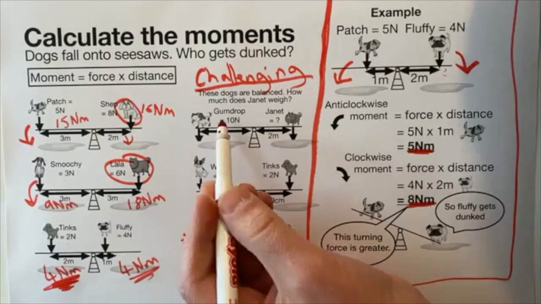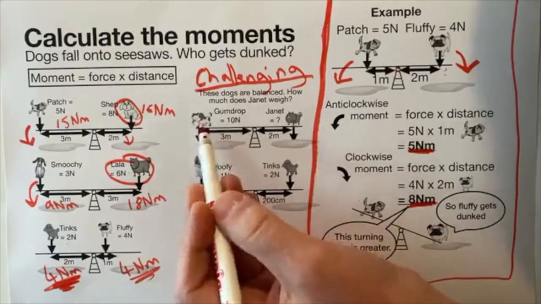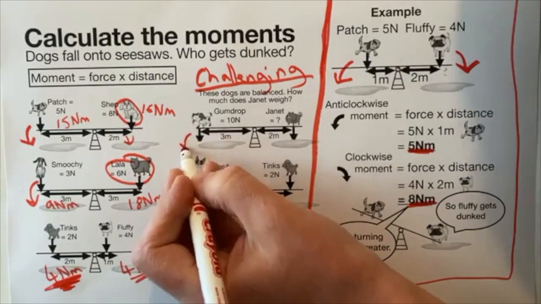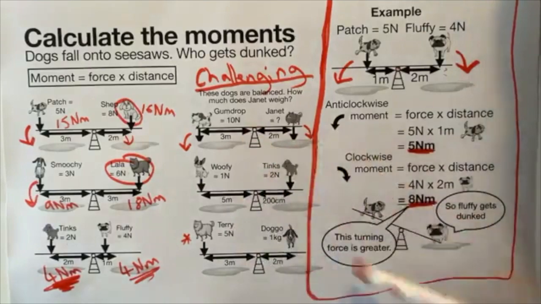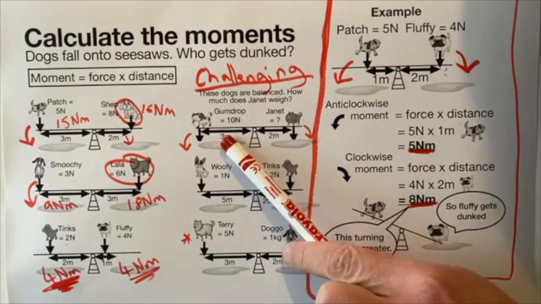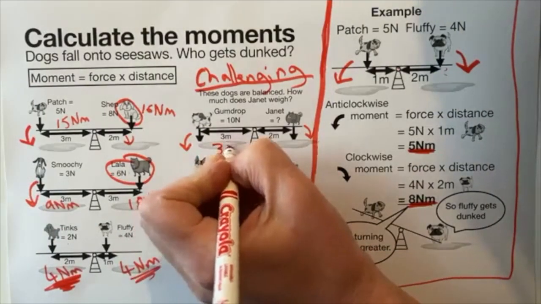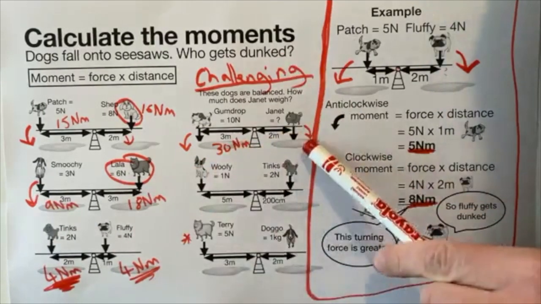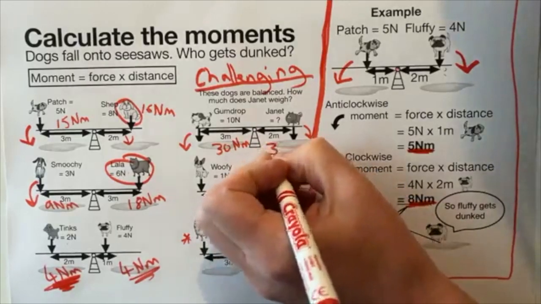Right, this seesaw is balanced, which means that the anti-clockwise moment and the clockwise moment must be the same. So let's work out the anti-clockwise moment. That's 10 newtons times 3 meters, which is 30 newton meters. So it must be the same on that side.